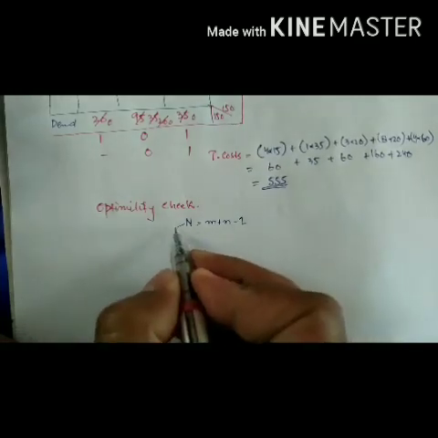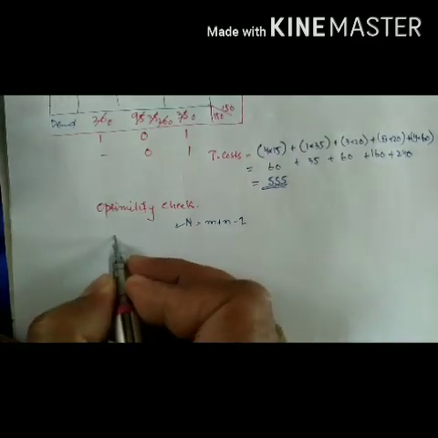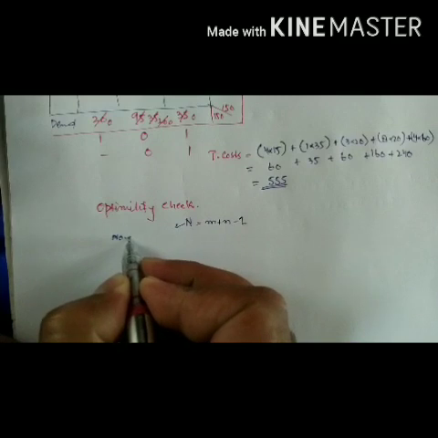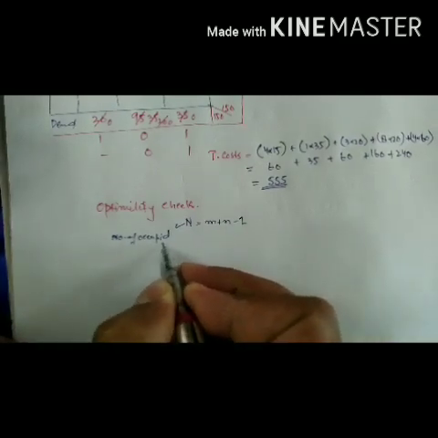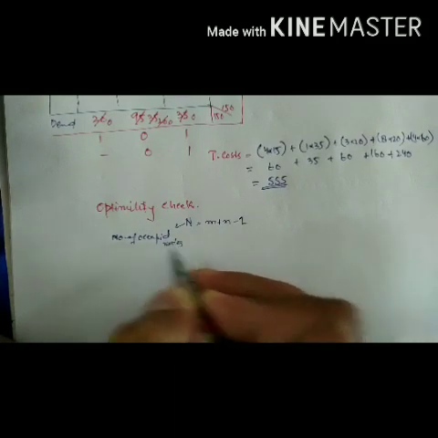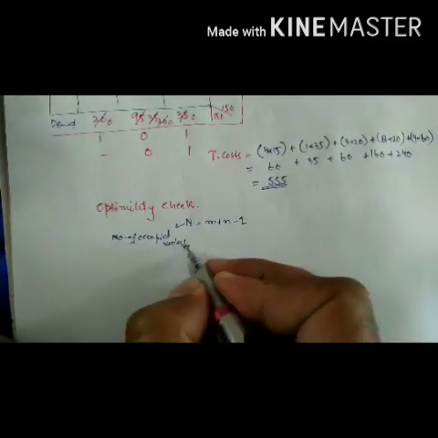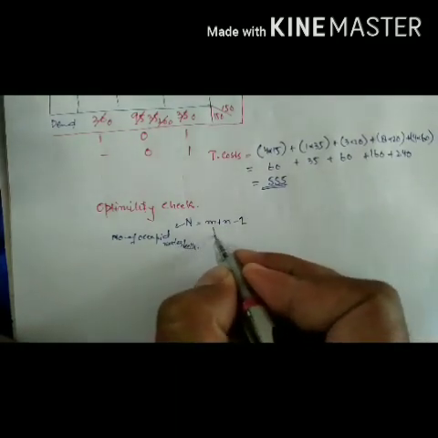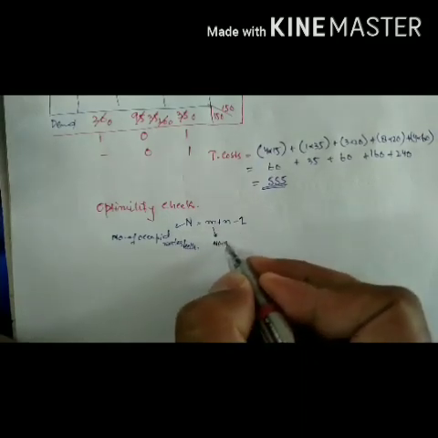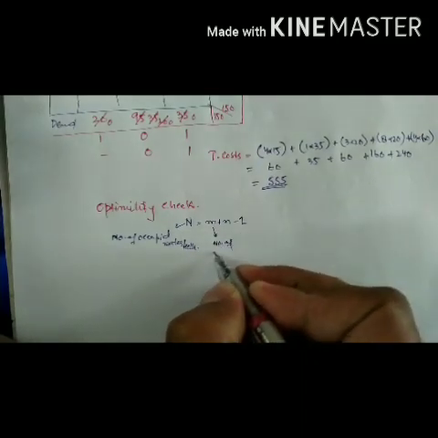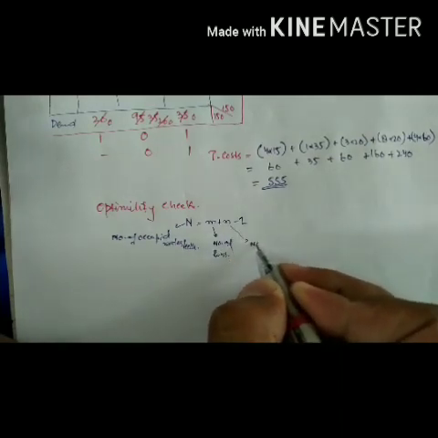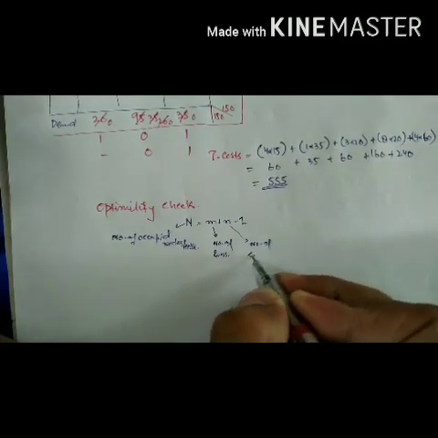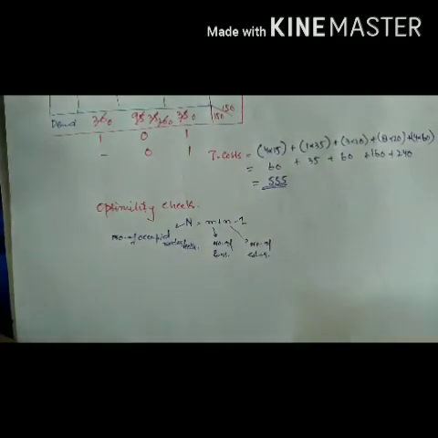Here, the number of occupied cells, m is the number of rows, n is the number of columns, and 1 is numeric 1.